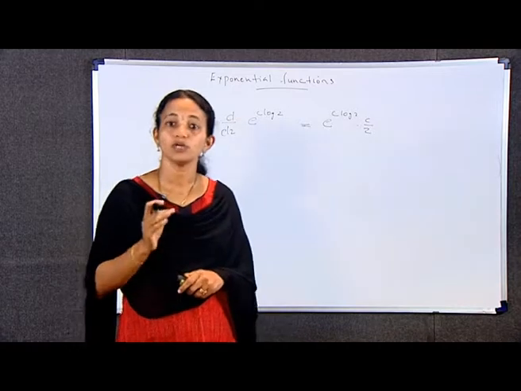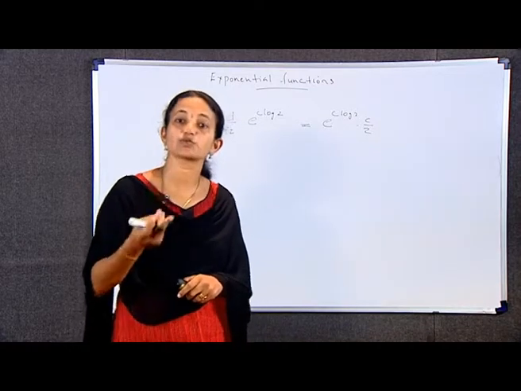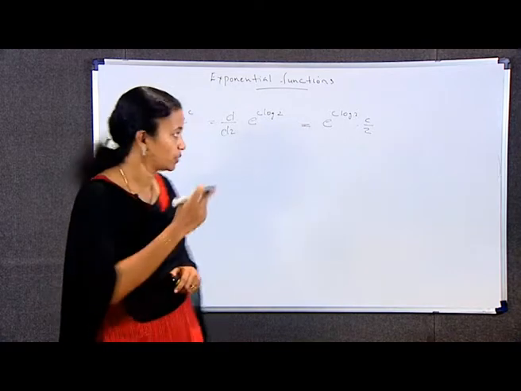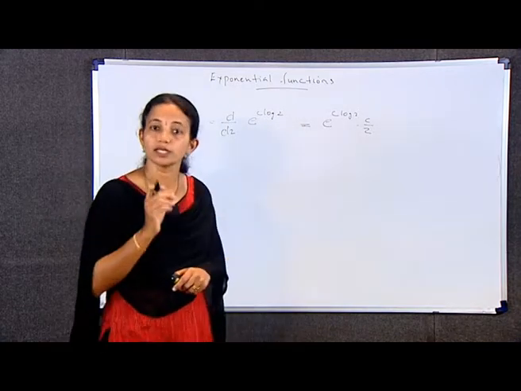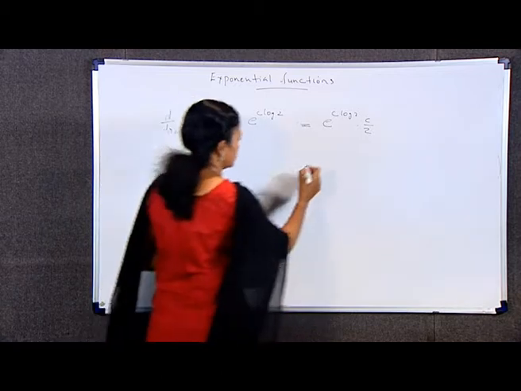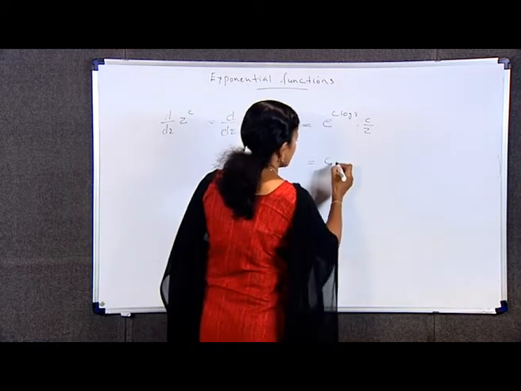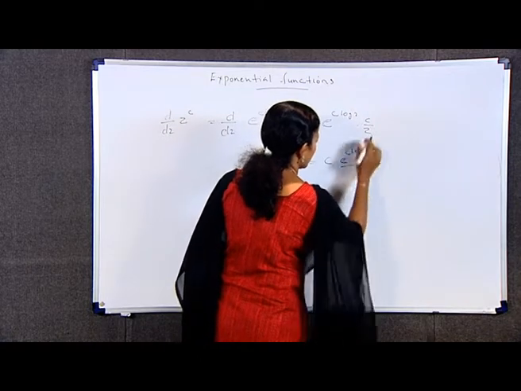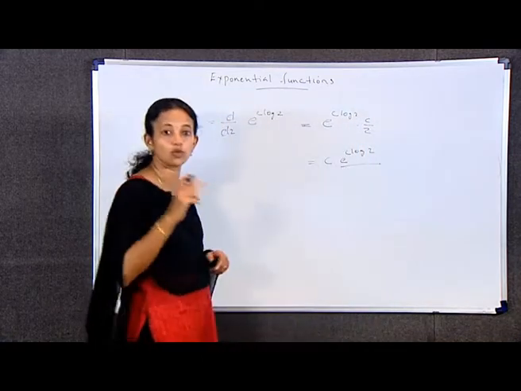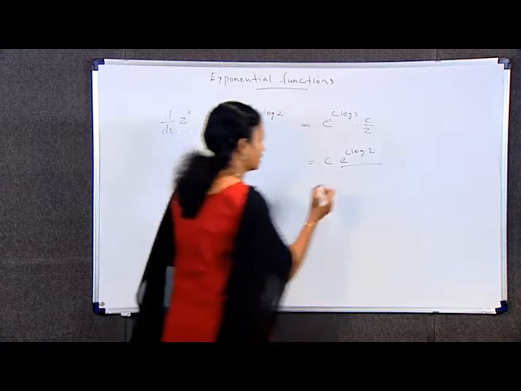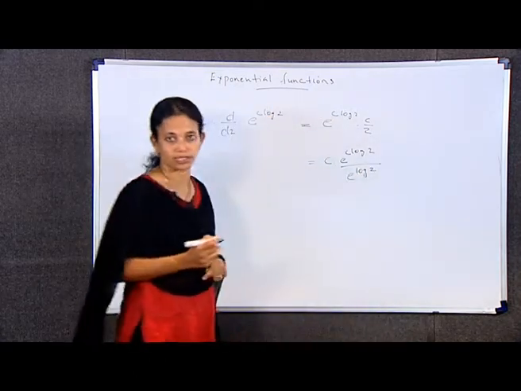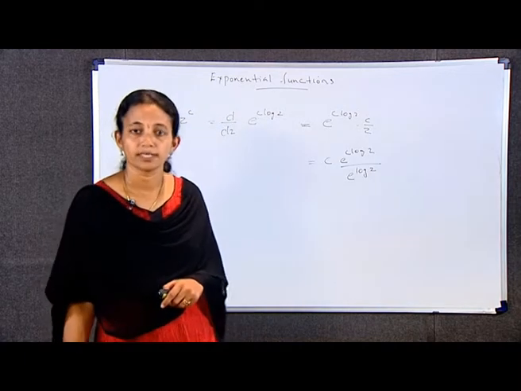This is equal to c into e raised to c log z by e raised to log z. Why? Because we have z is equal to e raised to log z. So instead of z, I can write e raised to log z.